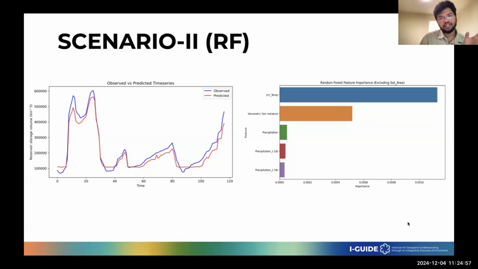And you can see that in both scenario 1 and scenario 2 of random forest prediction, the observed and the predicted time series have a similar pattern, and their correlation is almost 80 to 90% accuracy pattern-wise.